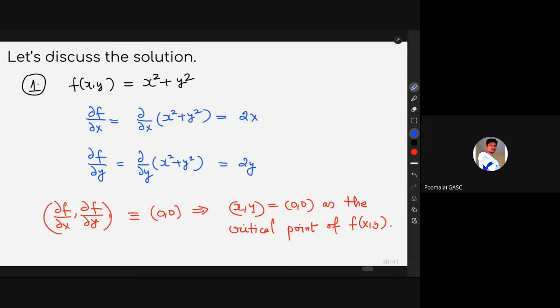Yeah. So without going into that, if I try to see this at the point of origin, if I write the differentials, in this direction, which is the x direction, and this is the y direction, in this direction it is 2x. Okay.